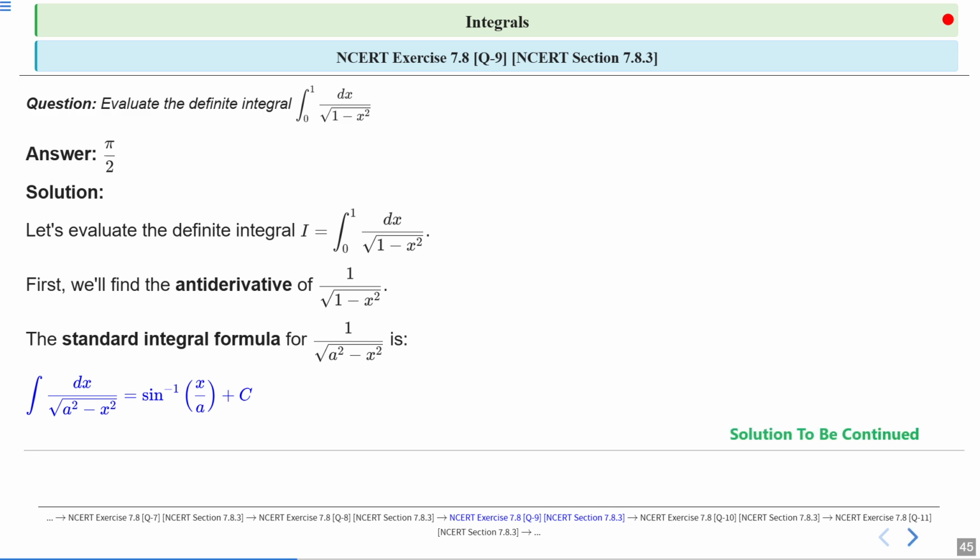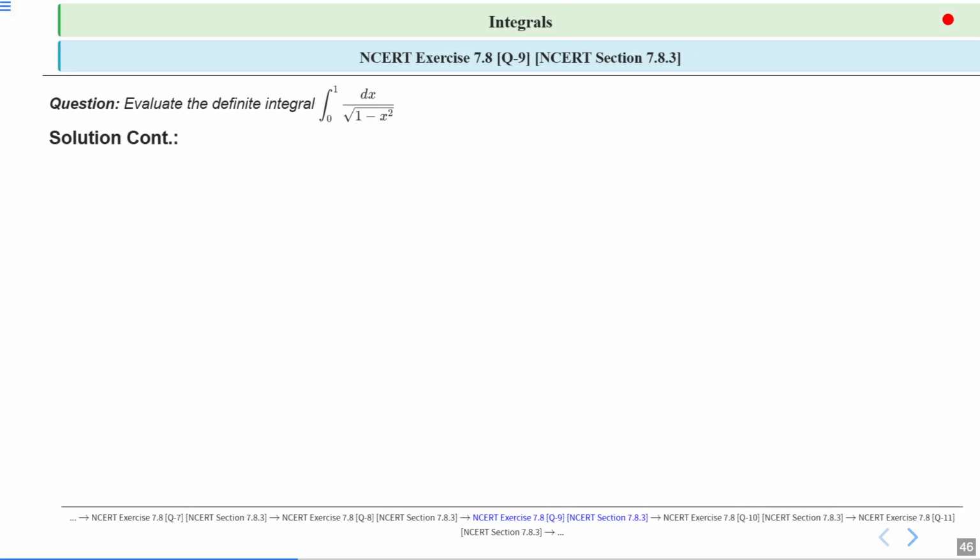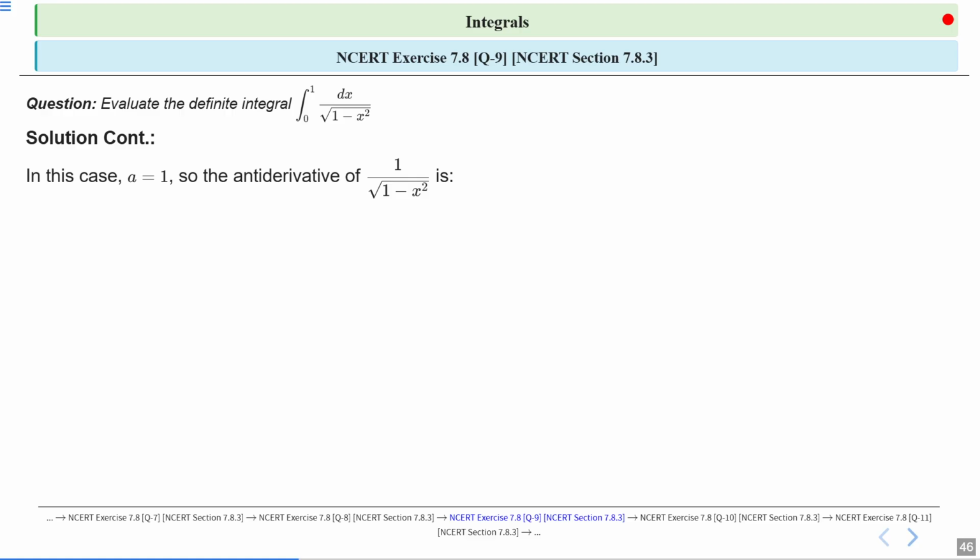So we use this formula directly and find the value of the antiderivative. In this case, a is equal to 1. So the value of the antiderivative is sine inverse x.